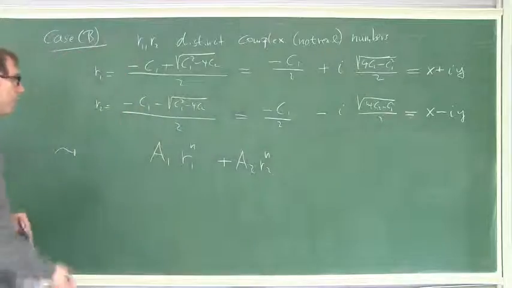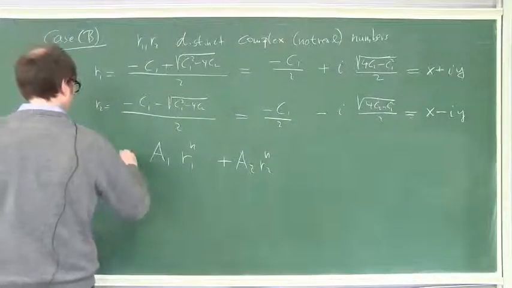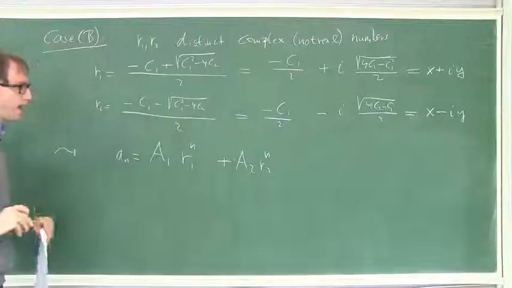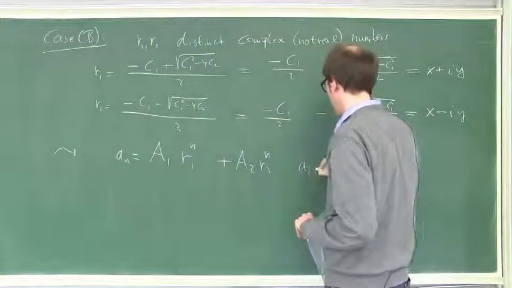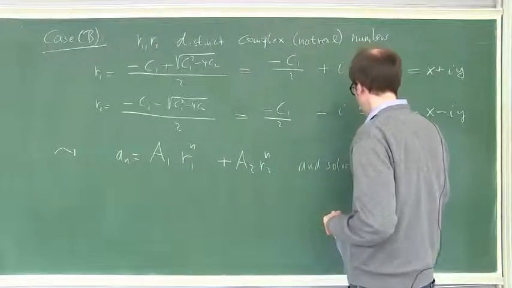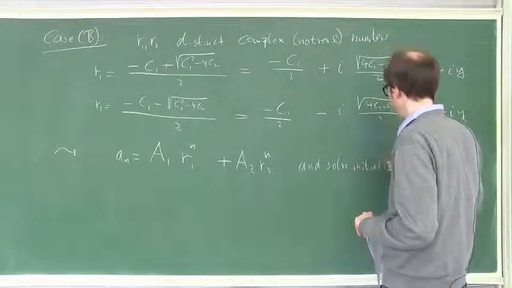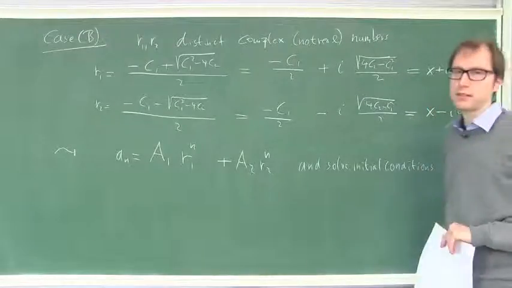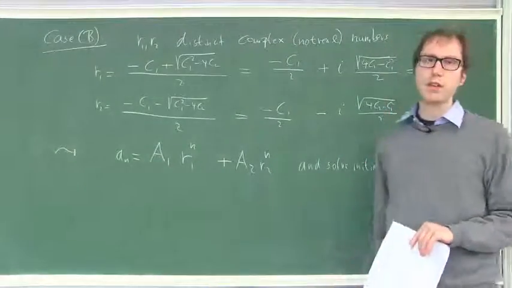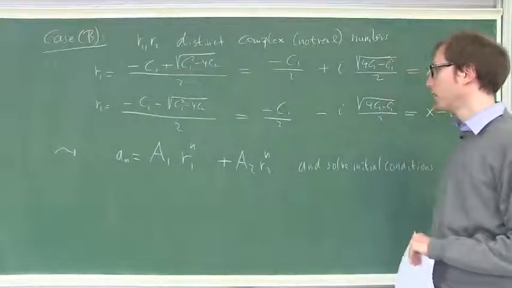You can add them, same thing, and now we equate it with a_n, and we only have to solve the initial conditions, just as seen above. We can do the very same thing as above in order to solve it.